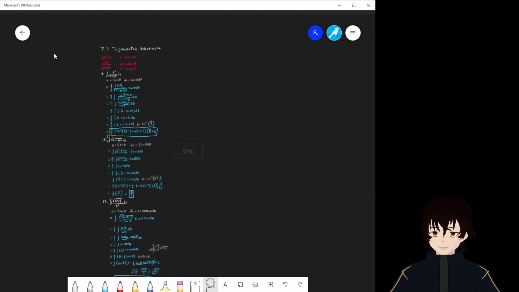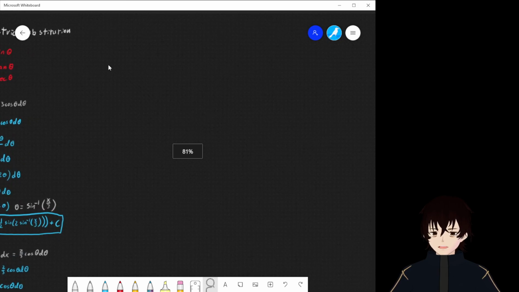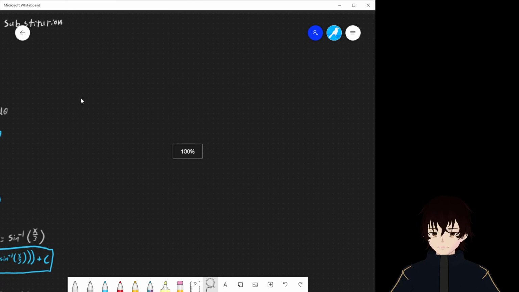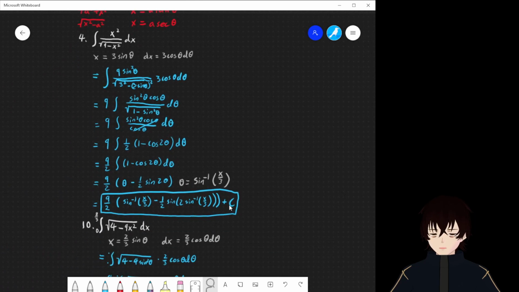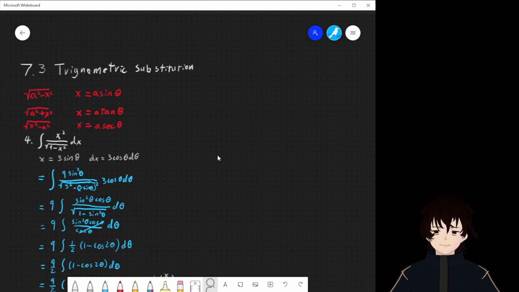So we're gonna save space for 7.2. 7.2 is just boring. 7.2 is basically all about integrating sine, cosine, secant, which we kind of already did in 7.3. And I just don't feel like doing it right now.